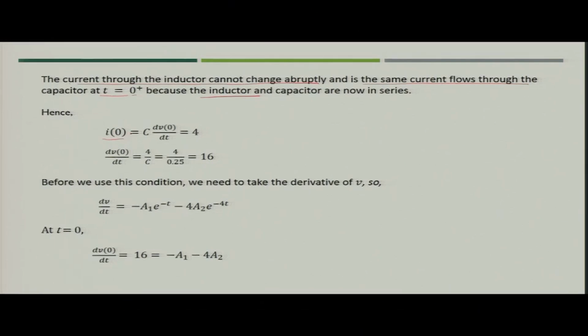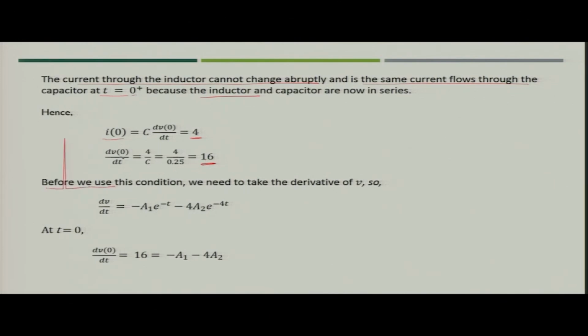So, we can say I naught is nothing but C dV by dt, which is equal to 4 ampere, which we calculated previously. So, now dV by dt at time t is equal to 0 is nothing but 16. This you can calculate from the equation.